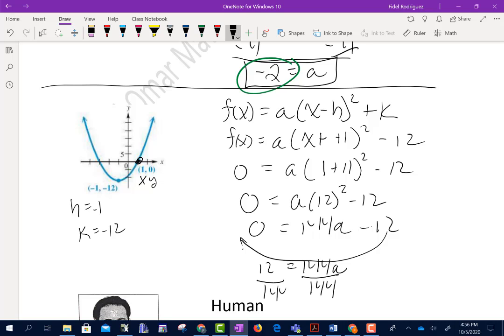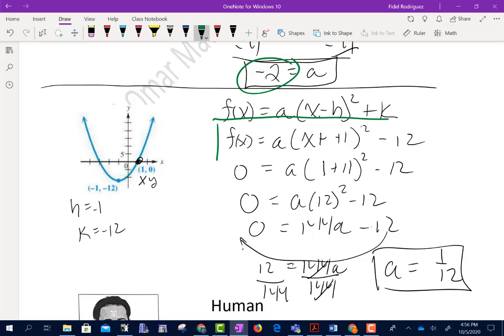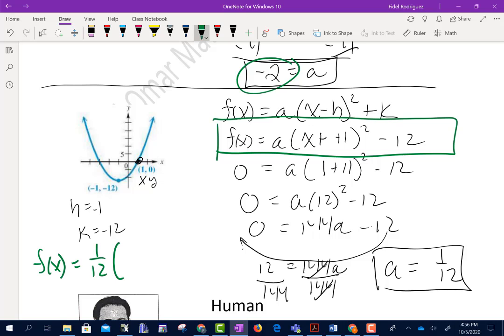When we divide both sides by 144, a is a positive 1/12. So now I'm going to take this form right here and write it out. f of x equals 1/12 (x plus 11) squared minus 12.